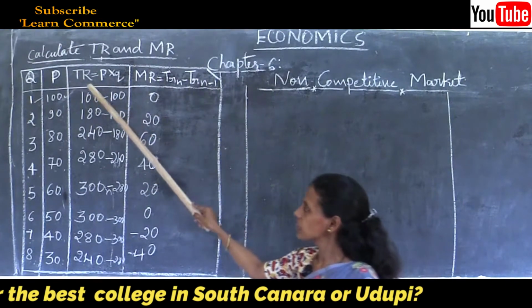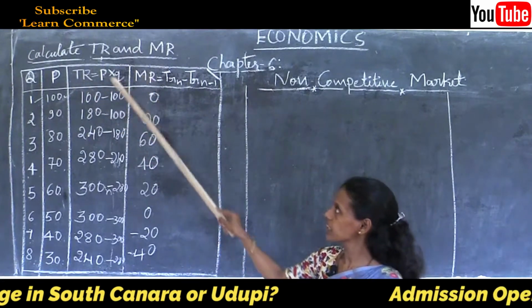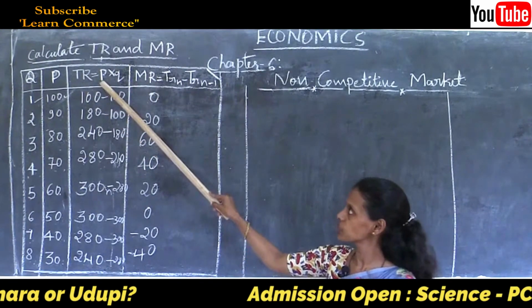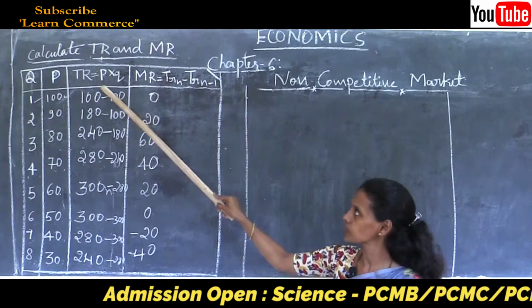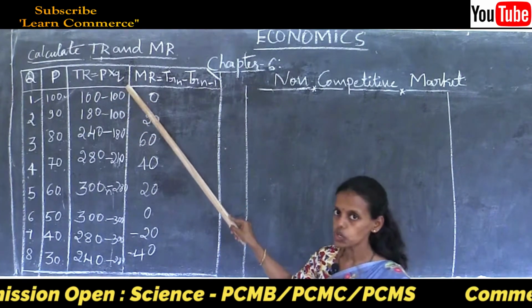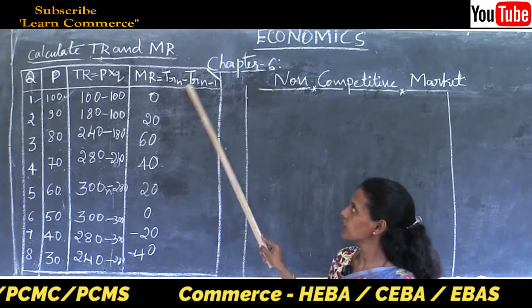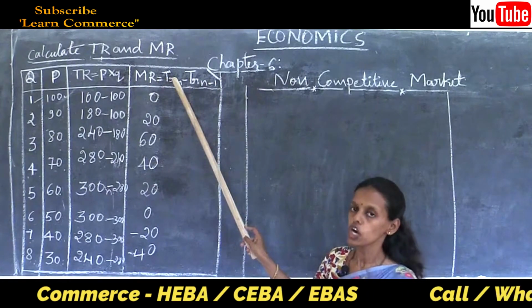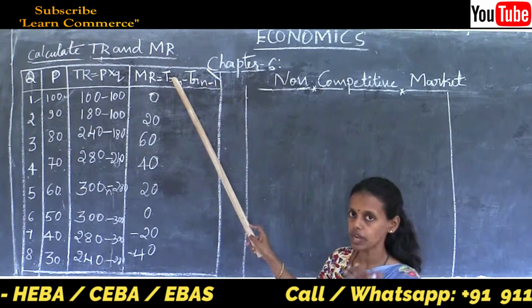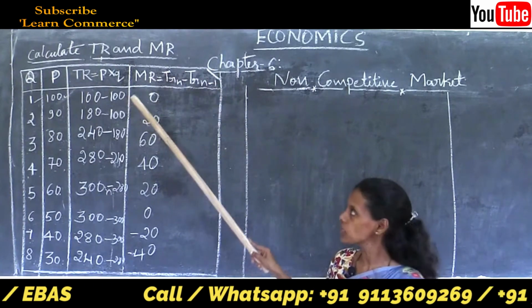Yes students, now we are going to calculate TR and MR. TR, as we know, the formula to calculate TR is P into Q, that is price into quantity. MR, marginal revenue, is TRn minus TRn-1, that is total revenue of the current unit minus total revenue of the previous unit.